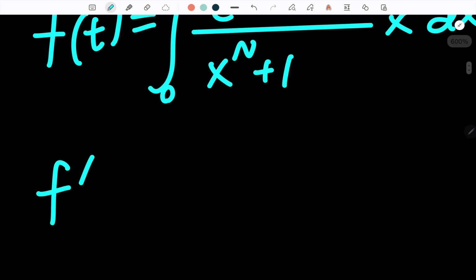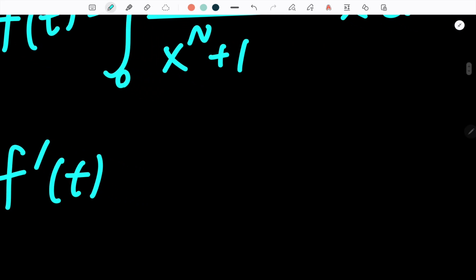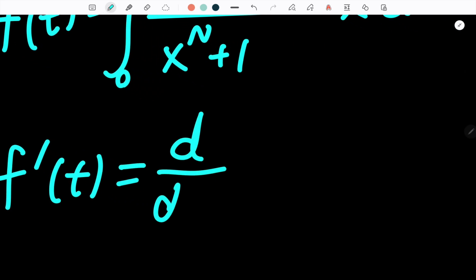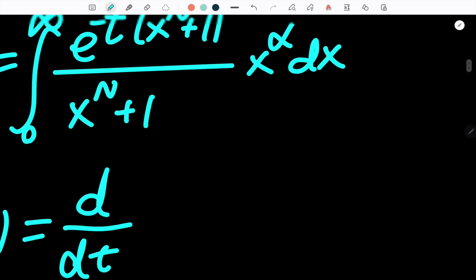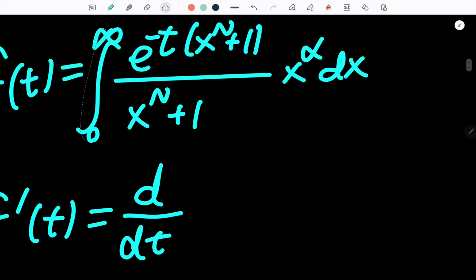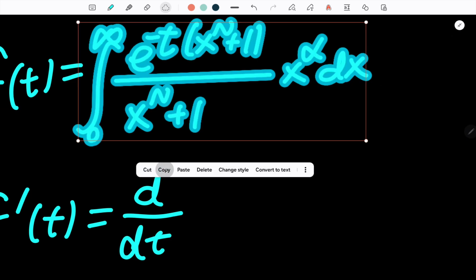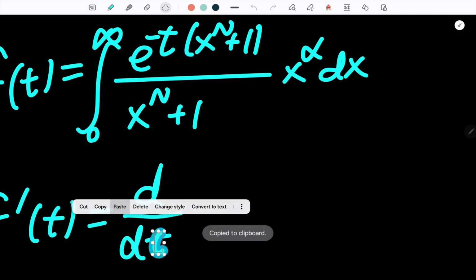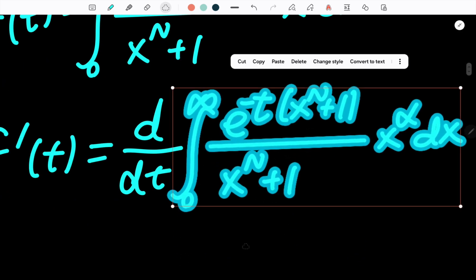So like I said before, we want to differentiate with respect to the parameter t. And of course, we're going to have the derivative with respect to t of this integral, and I don't want to write it out again, so we are just going to copy and paste. There we go.